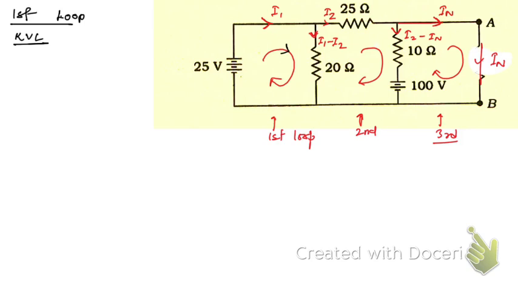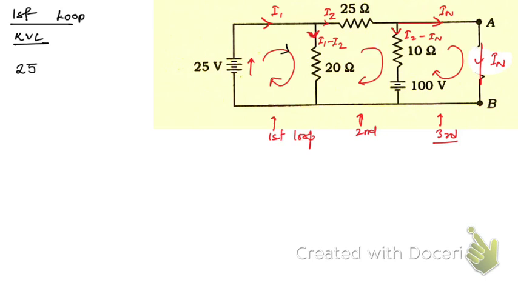Here you see, this path that I have taken in red color is from lower to higher potential. In that case we consider potential gain, so positive 25 volt. Then this current is in this direction, and there is no resistance here, so we ignore this.